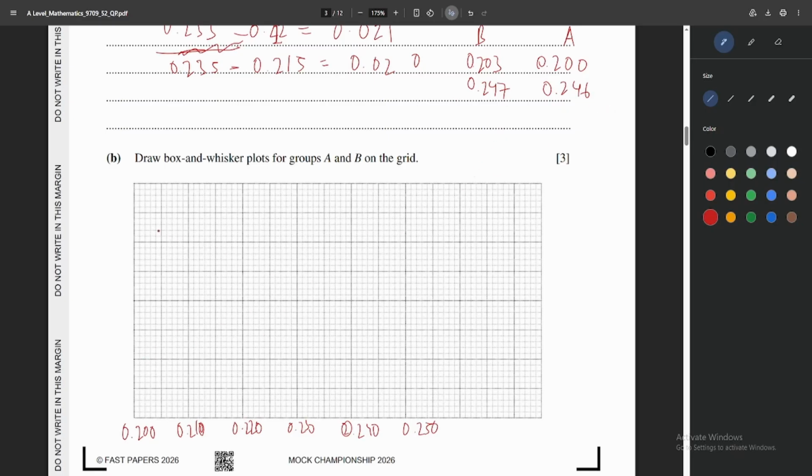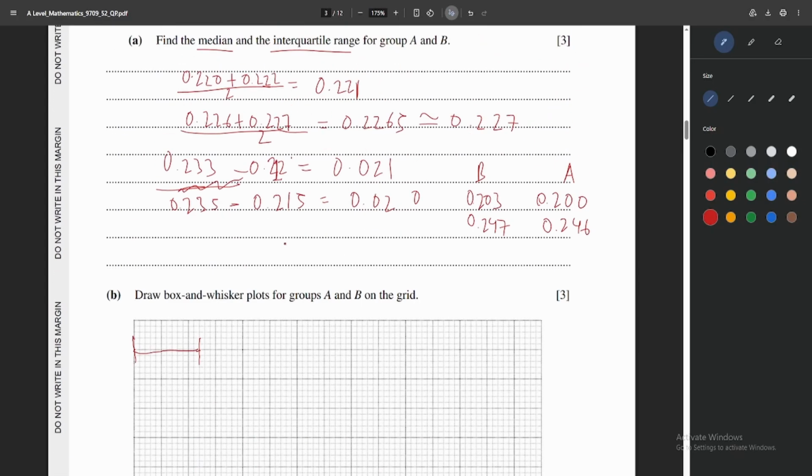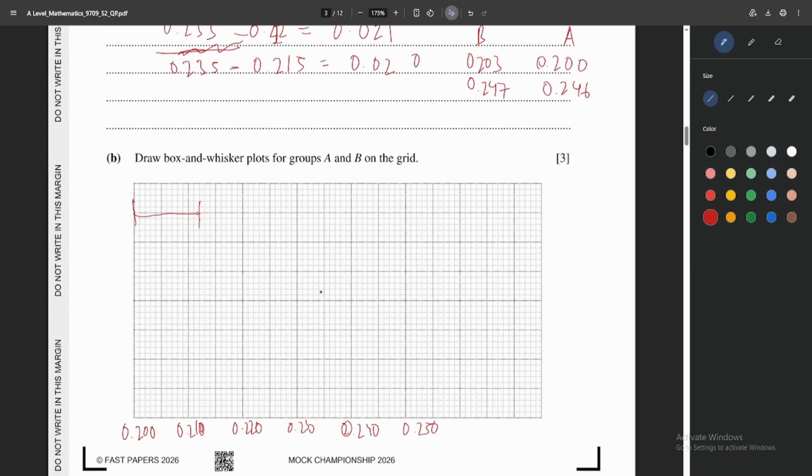So let us do A first. 0.200, so exactly over here. A starts at this line, so this is the minimum, and then the Q1 is 0.212. We connect those two, and then the median, which was 0.221, is this line.